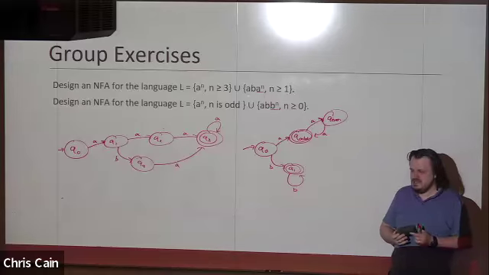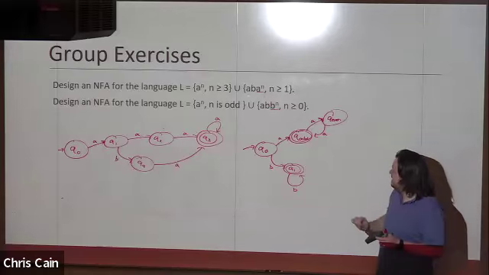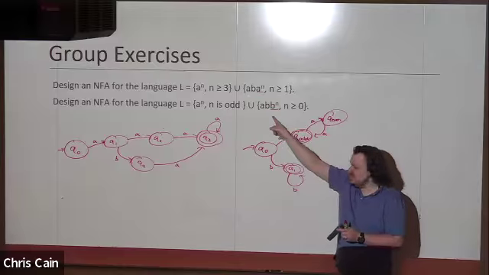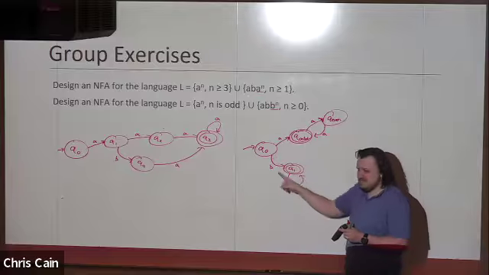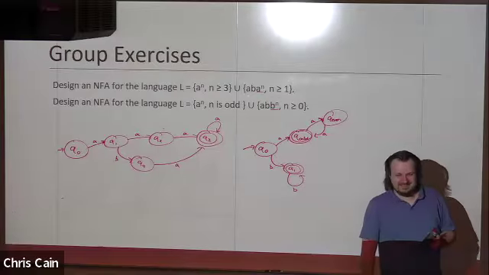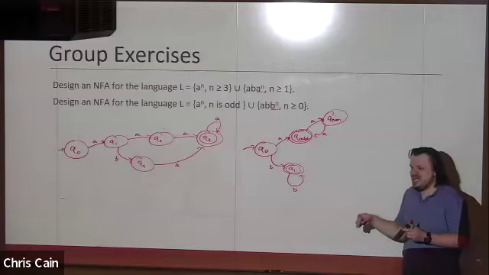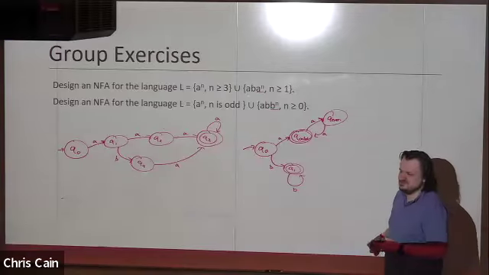The answer is no, because then there's no way to account for the ABB to the n, because then we could have B to the n, which we wouldn't otherwise want. So we could try to do that, but it would create an issue.